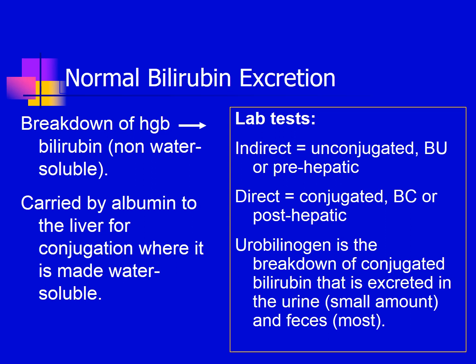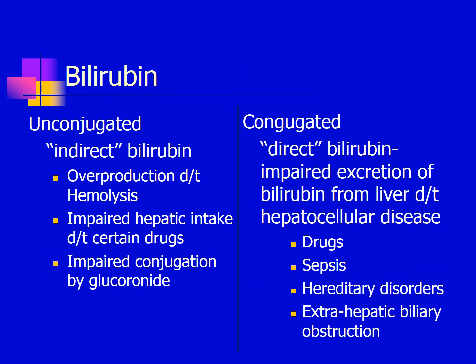Unconjugated and conjugated bilirubin, right? Unconjugated is not water soluble, it needs to become water soluble, and the liver helps in that process. So when the liver is bad, it's not going to be able to break it down so that it can be excreted. Next slide. Unconjugated, indirect bilirubin is due to overproduction.